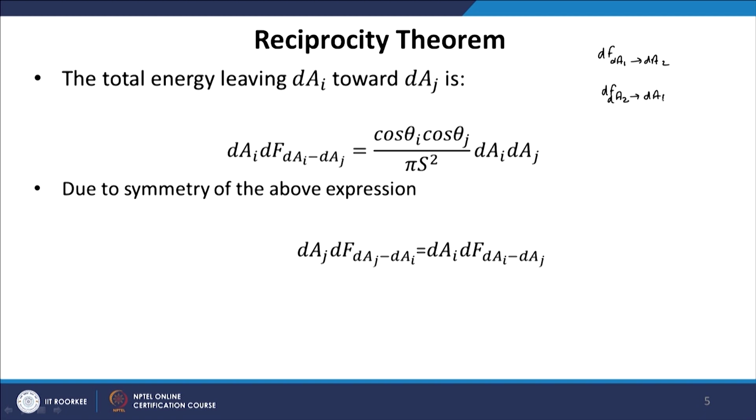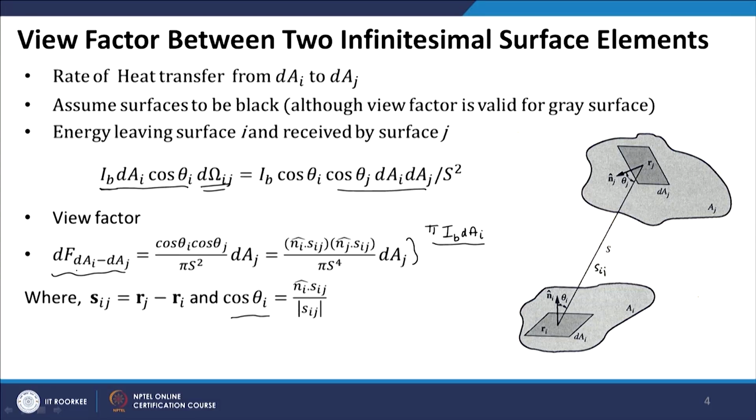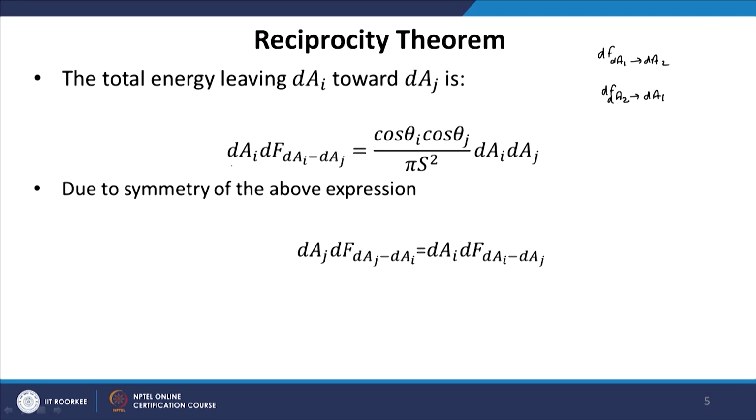In reciprocity theorem, the view factor from surface 1 to 2 is related to surface 2 to 1 using their areas. So, in the previous definition of view factor dF dAI dAj, we multiply by the area of the surface dAI, and what we get is an expression of view factor multiplied by the small element area dAI, and this expression is symmetric in I and j. So, if we replace I with j and j with I, this expression will not change.